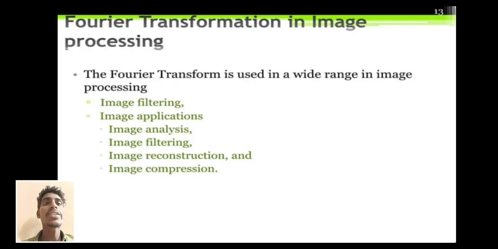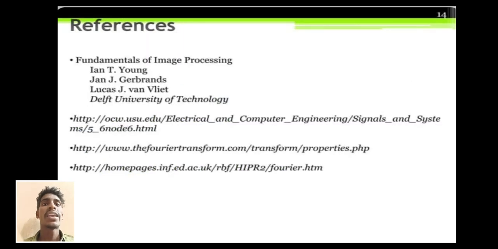These are the types where the Fourier transform is used in image processing over a wide range: image filtering, image analysis, image reconstruction, image compression.